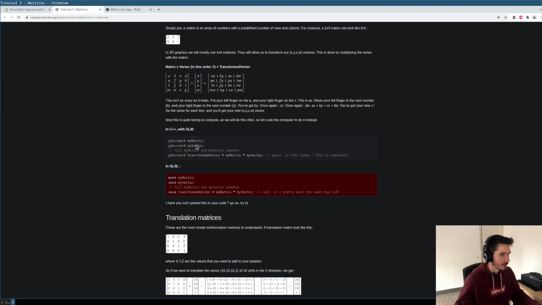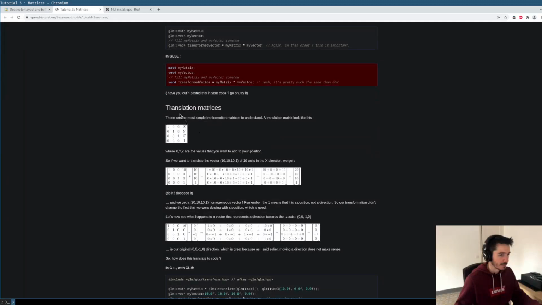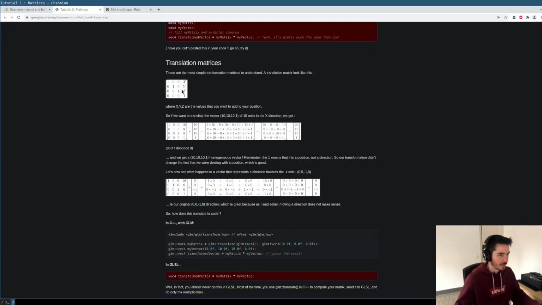If we take a look at this, the first translation matrix takes a vector 3. So basically you want to translate your point by this vector of 3 coordinates. So if you have vector 10, 10, 10, 1, and you want to translate it 10 units in the x direction, you can have this 10, 0, 0.